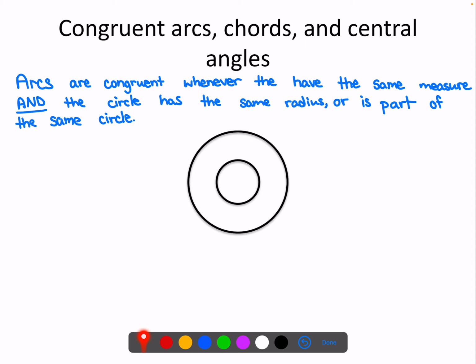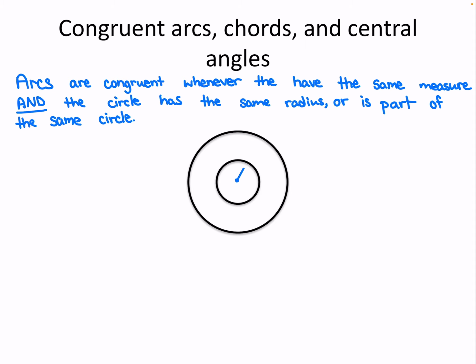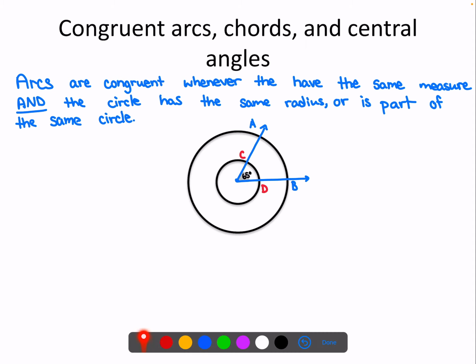So I'm going to go ahead and draw a central angle. I have my central angle as angle A, center B, of 65 degrees here. And as we can see, this creates a couple different arcs on our circle. So we have 2 different arcs, arc CD and arc AB.